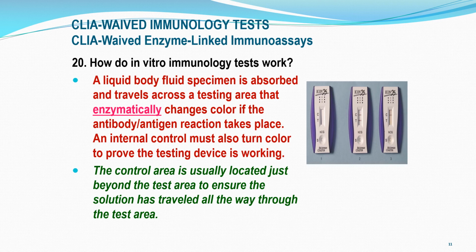And if the antibody is in the urine and comes in contact with the antigen that is, for lack of a better word, impregnated or laced onto that membrane, then a color reaction will take place and give you a positive test result.